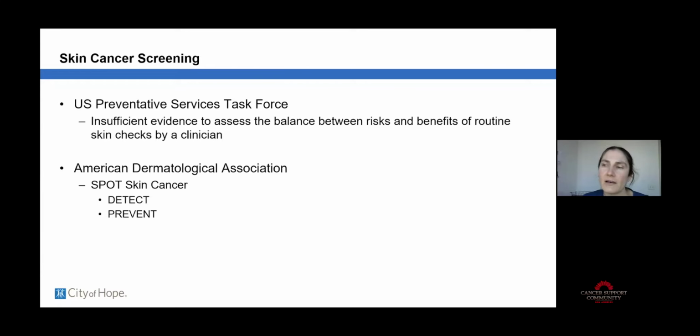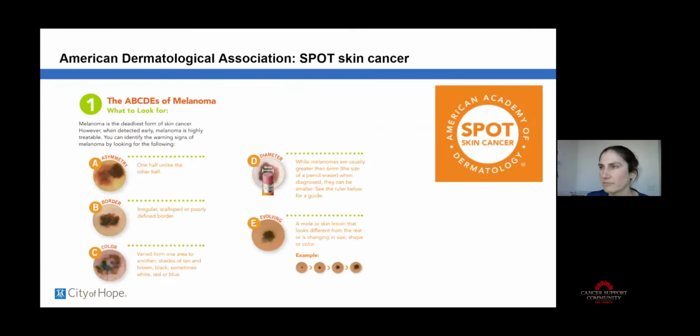The American Dermatological Association does have a campaign in terms of detecting and preventing cancers, that's more education in terms of keeping an eye out for problematic skin lesions. They call it Spot Skin Cancer.